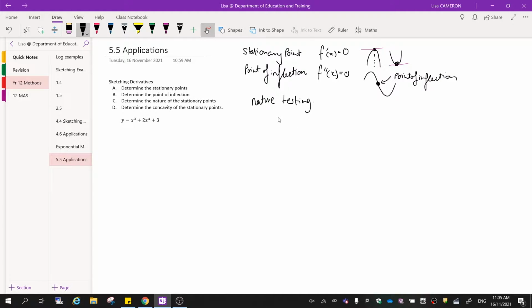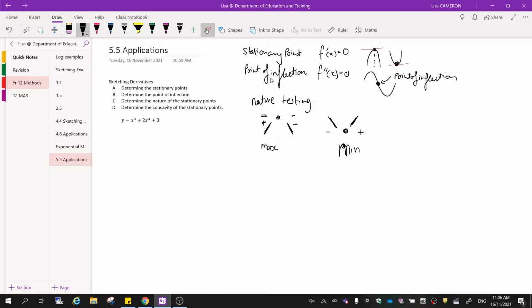Once I've determined where my stationary point is, if I test something on this side, and it gives me that the gradient is positive, and then if I test something on this side and it looks like it's going down like that, or the gradient's negative, then that would mean that it is approaching a max. If I test around the stationary point and I find that it's doing the opposite, so it's decreasing and then increasing, then I found that it's going to a minimum point.